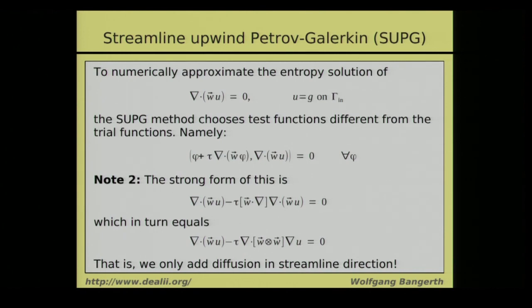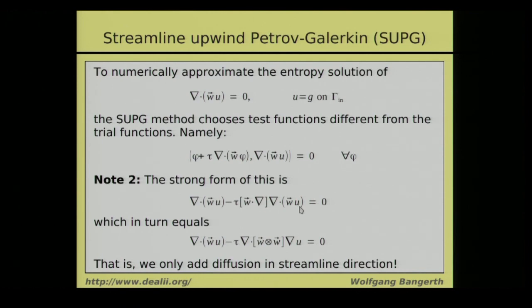And so if you do this integration by parts from here to over here, what you will find is that the strong form of this equation here is in fact div w u, that's the original term. And then in the artificial viscosity method, we added minus Laplace epsilon u here. Well, here, the strong form actually adds minus tau w dot gradient div w u.